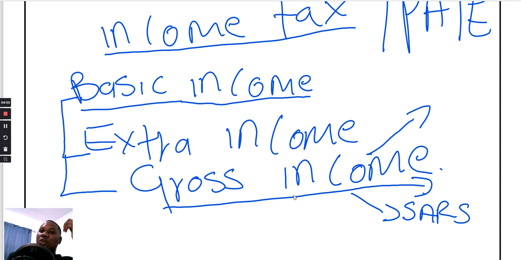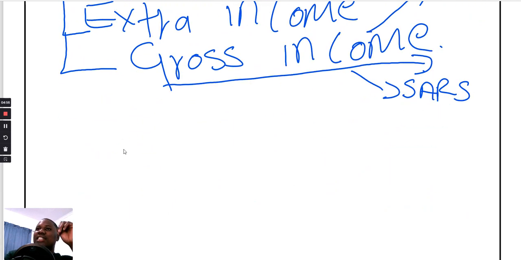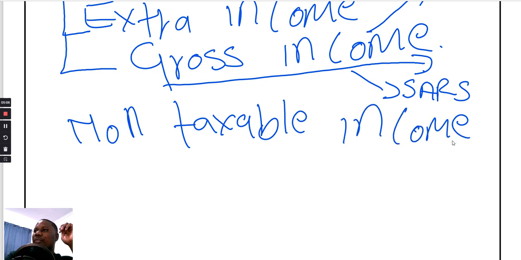So SARS will look at a few items. Those few items we call the non-taxable income. These incomes are part of this gross income.